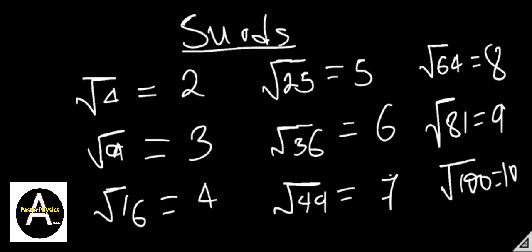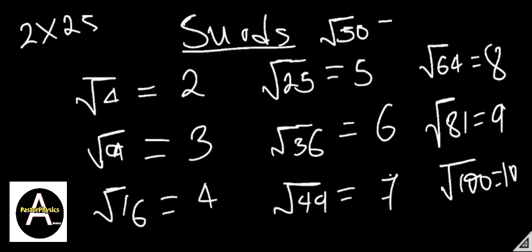For example, they say find root 50. We know that inside this 50, we look for a way to bring out a perfect square from it. We know that 2 multiplied by 25 gives 50, right?